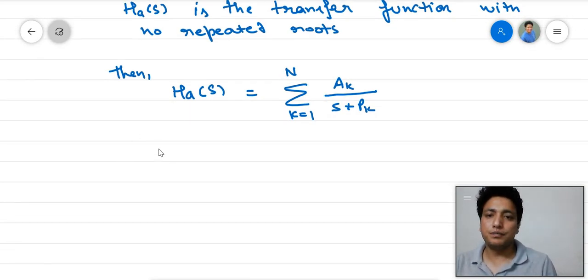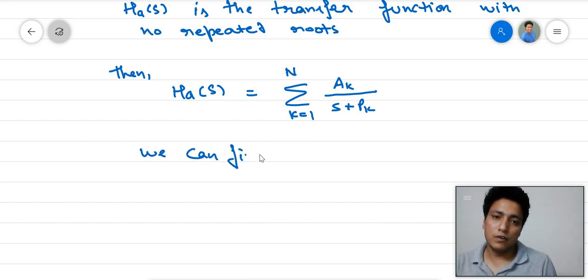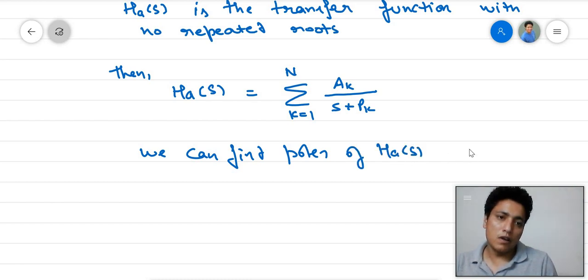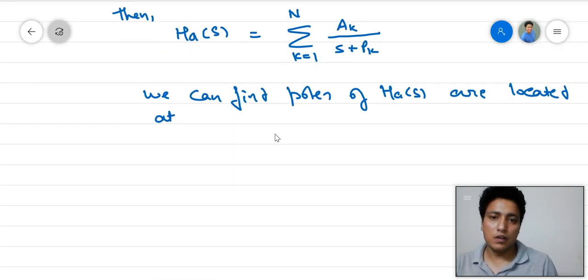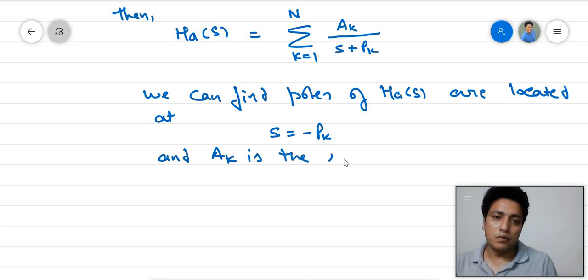From this we can find the poles of H_a(s) are located at s equal to minus p_k, and A_k is the residue at s equal to minus p_k.